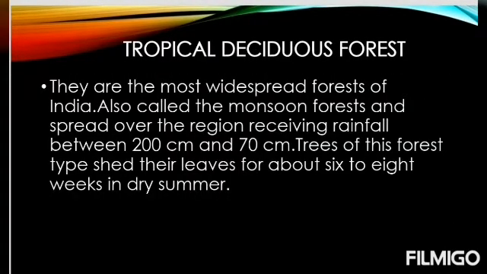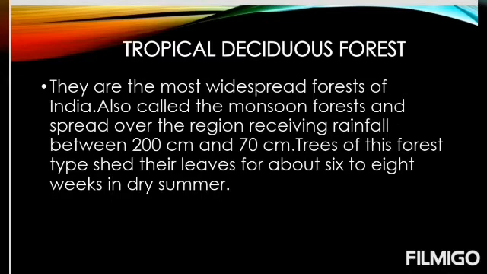The next vegetation is tropical deciduous forest. These are the most widespread forests of India. These forests grow in regions with moderate rainfall. The trees shed their leaves in the dry season. The trees are usually very valuable as timber.